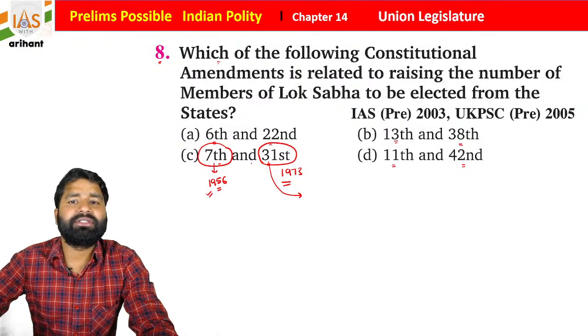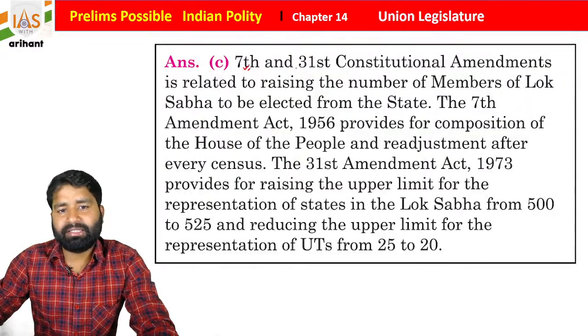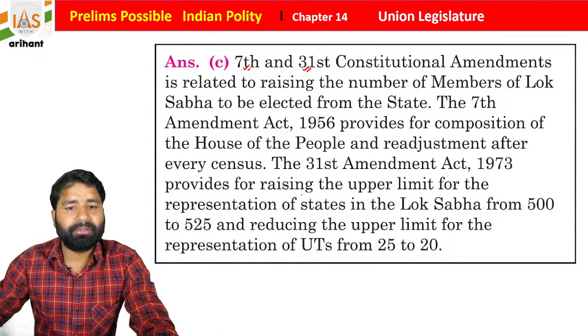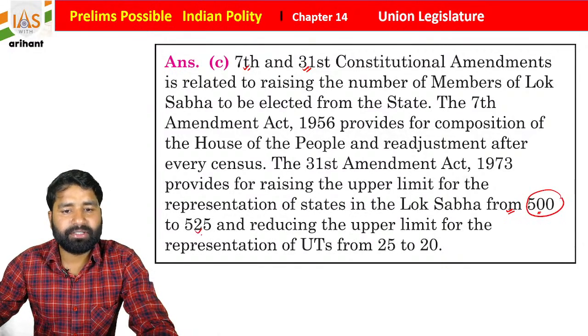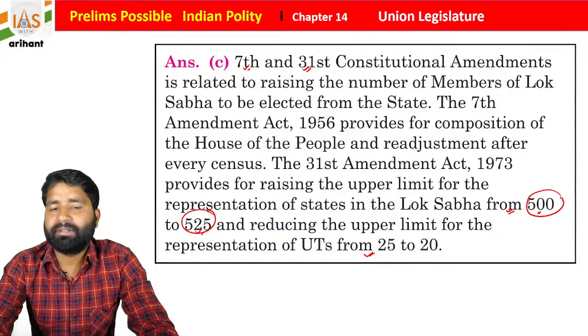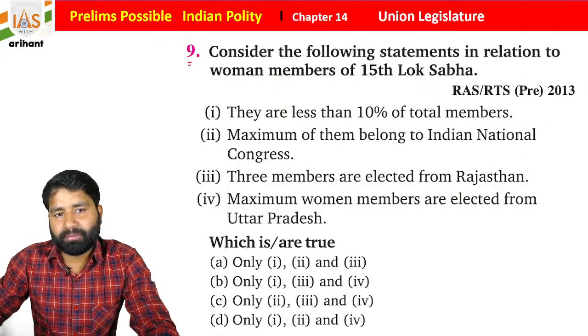So the 7th and 31st both are important, so just remember it. Initially the number of seats was 500, it was increased to 525, and then it was increased to 550. Now see question number 9.